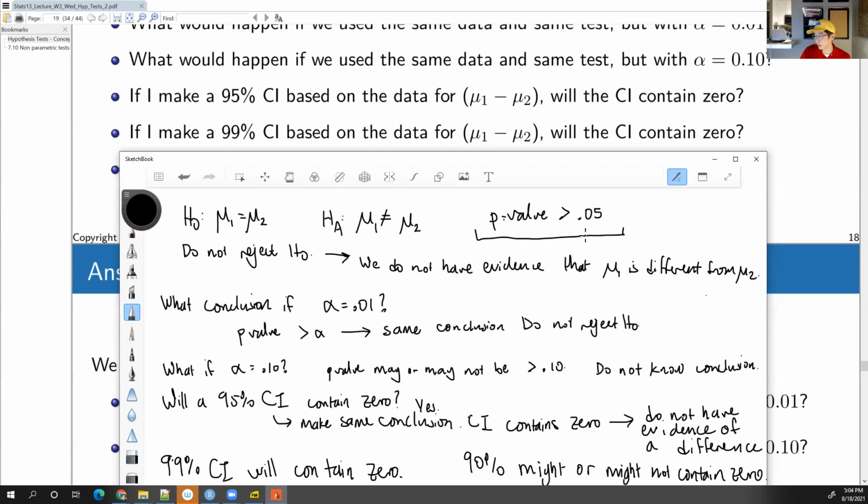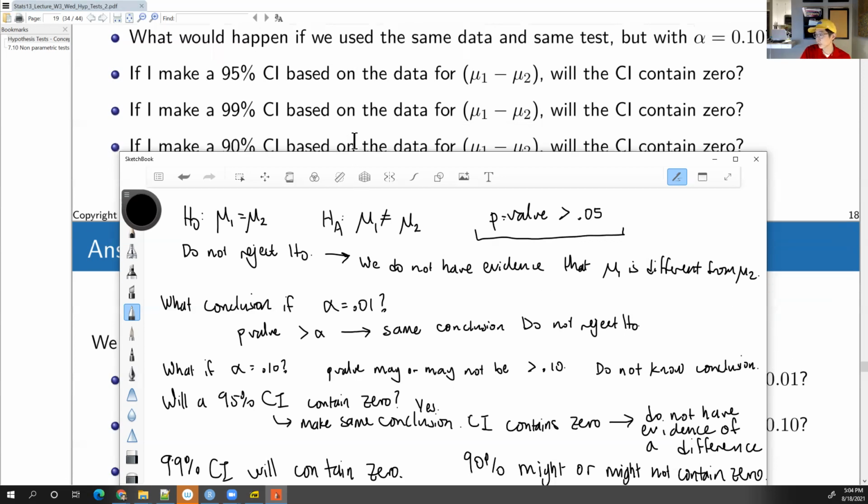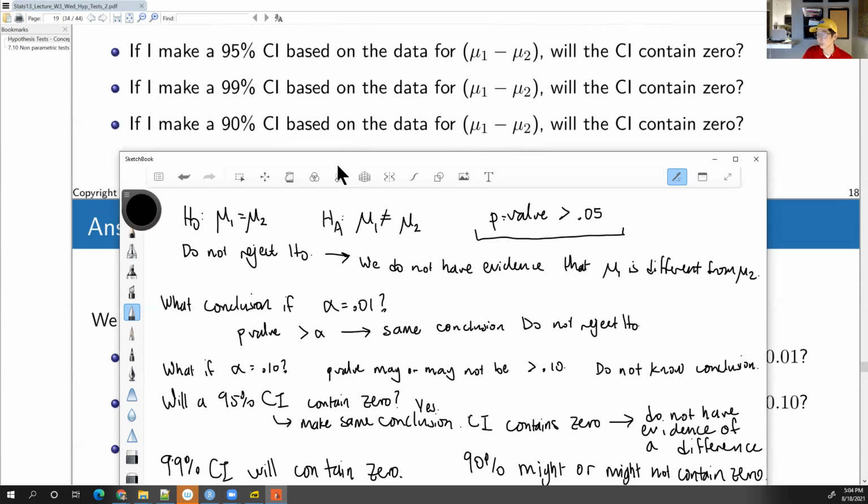We're not sure, right? Because it's going to be the same thing as making a 10% alpha, right?